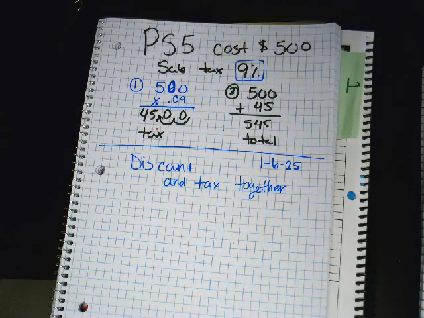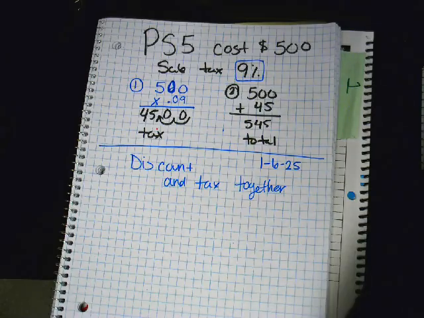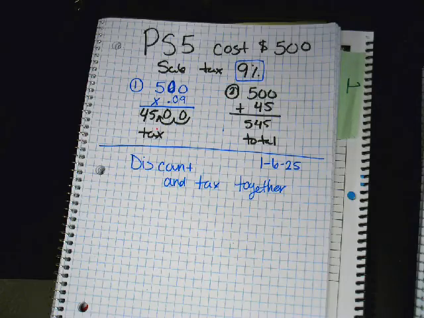Multiply. Very good, thank you, Gregory. What is the second step for discount? Subtract. What's the first step for tax? Multiply. And the second step? Add. Okay, so that's what we're going to be doing. We could do 4 steps, or we can cut it down to 3 steps.